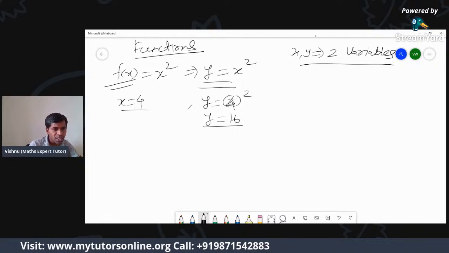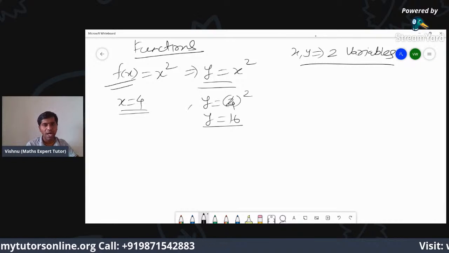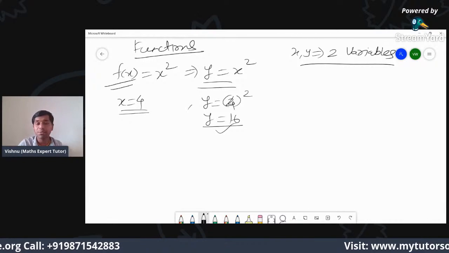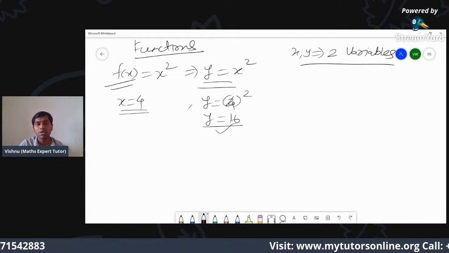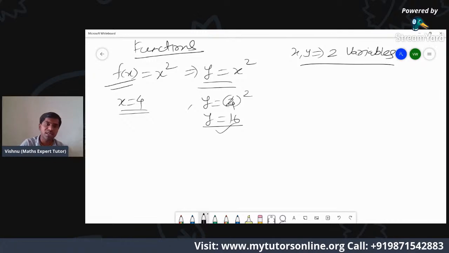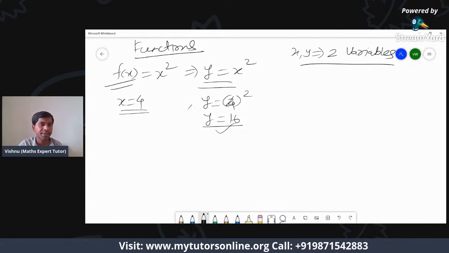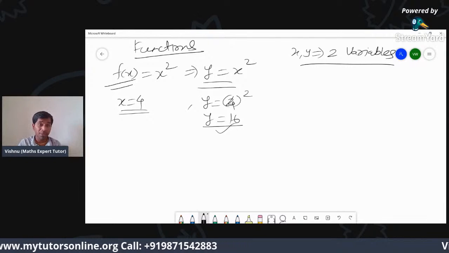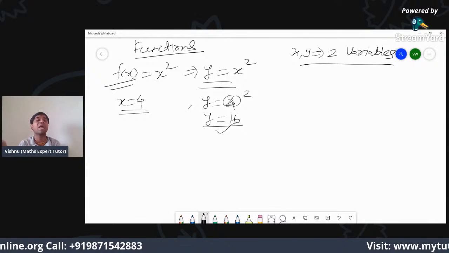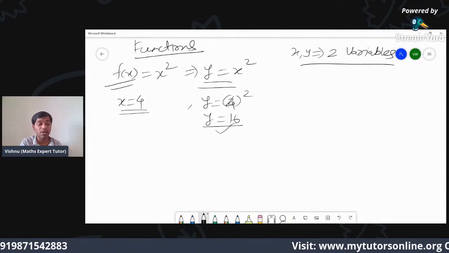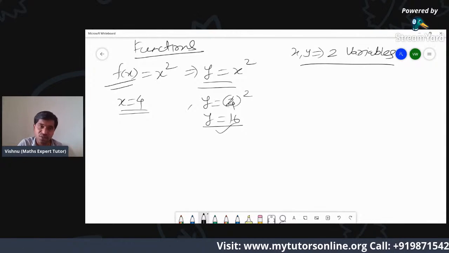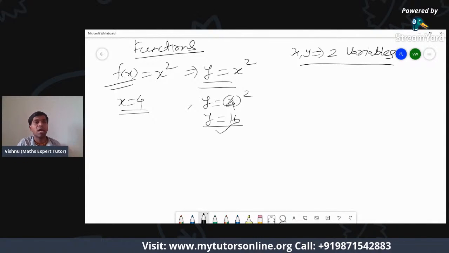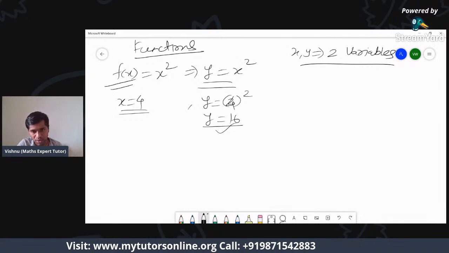So for every real value of x, y gives some value, right? For some values of x, y has some values, and for other values, x will have some other values. So for every real value of x, y will also have some value.